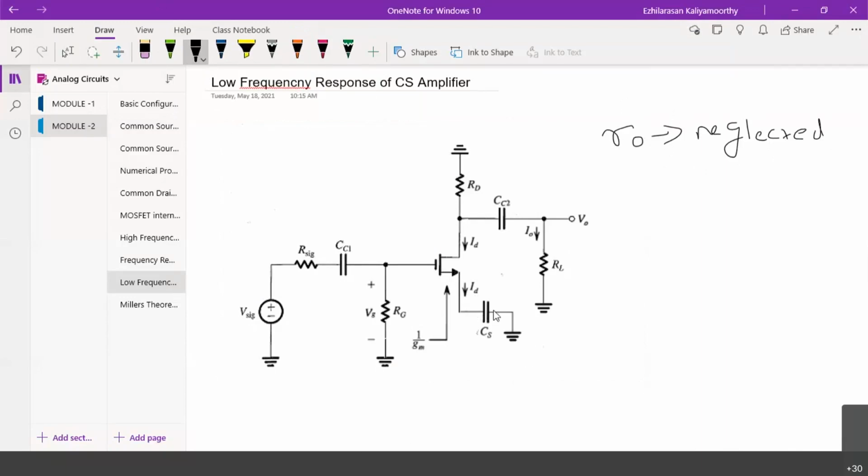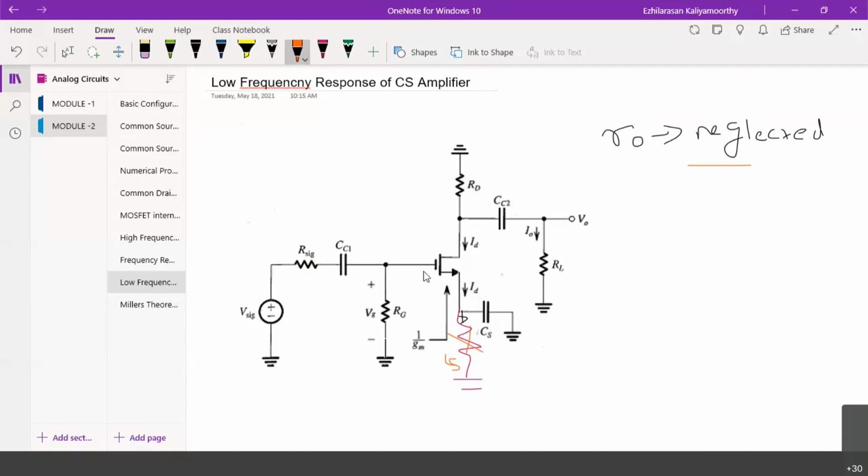If I show the resistance in the source, then I must show the R naught in the small signal model. But here we are not considering the source signal, we just neglected it. Otherwise you may think there will be a resistance in this place. This will be eliminated, as we eliminated the CS capacitor. That is why in the small signal model R naught will be eliminated.